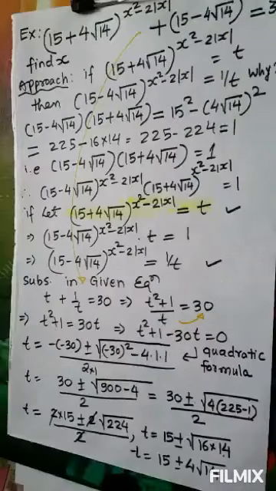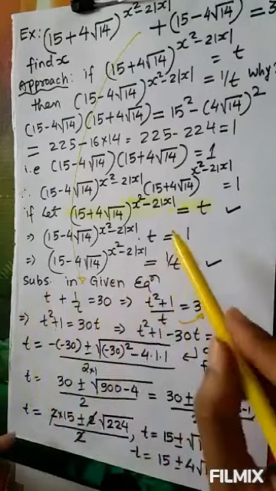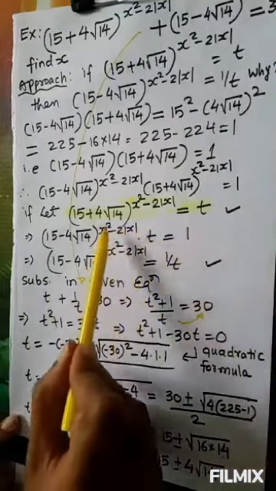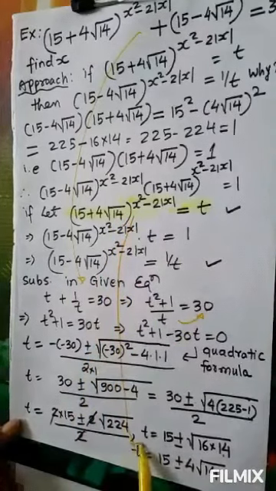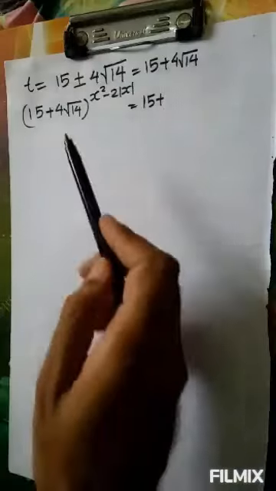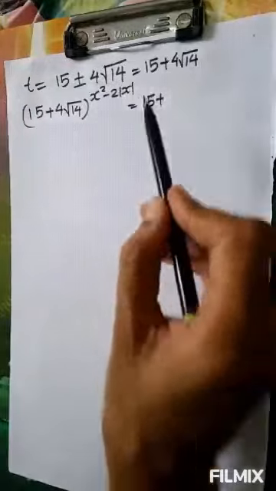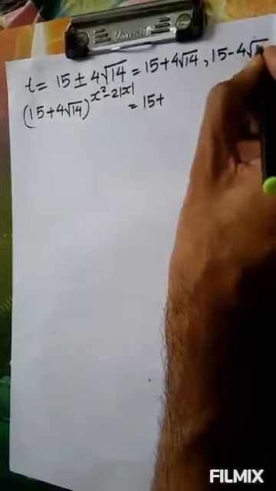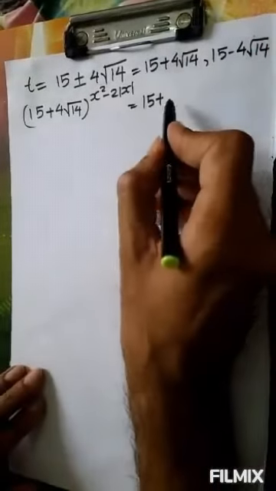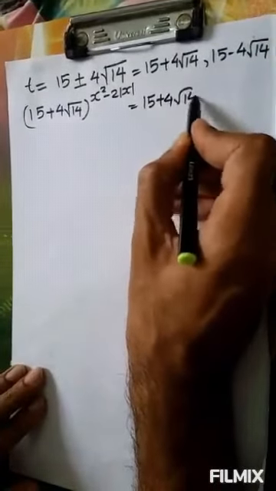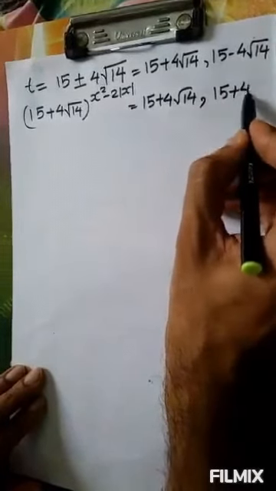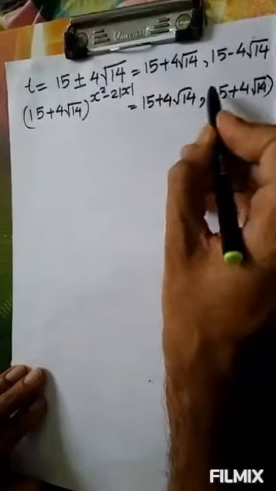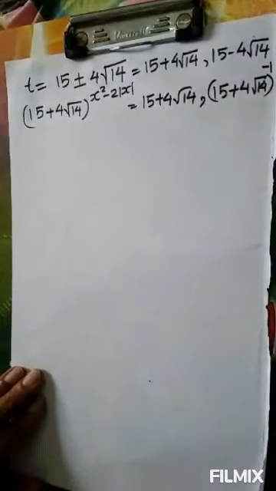We finally got t as 15 plus minus 4 root 14. For the value that we got for t, we will substitute t as 15 plus 4 root 14 to the power x square minus 2 mod x, which is what we assumed initially. So 15 plus minus 4 root 14, we can write as 15 plus 4 root 14 and 15 minus 4 root 14, and 15 minus 4 root 14 can be written as (15 plus 4 root 14) to the power minus 1.